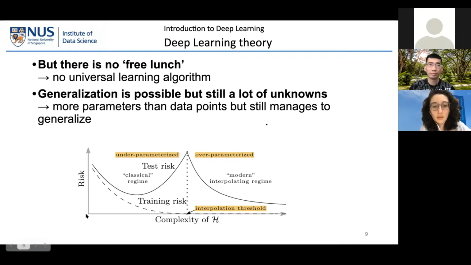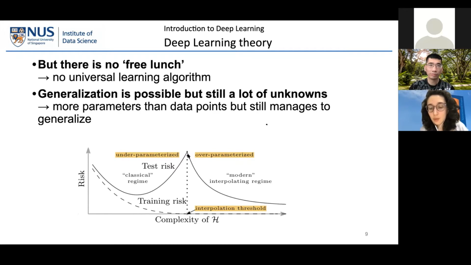We see that when we increase the number of parameters, first we don't have enough parameters, so we kind of underfit. Then we have too many parameters, okay? So we fit very well the training data sets, but not well the testing data sets.